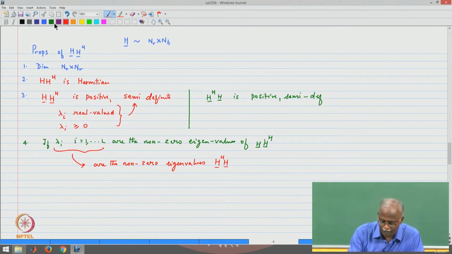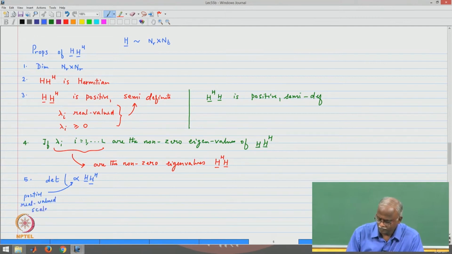Now, where does this come into play? In the following property, which I believe is a very useful one for us to interpret the log det capacity. Now, if you were to look at the expression determinant of some positive constant alpha times H H Hermitian, where alpha is a positive real valued scalar, and H H Hermitian has dimensions NR cross NR, plus the identity matrix of NR.